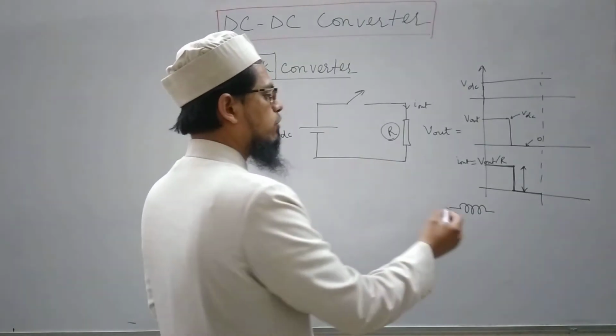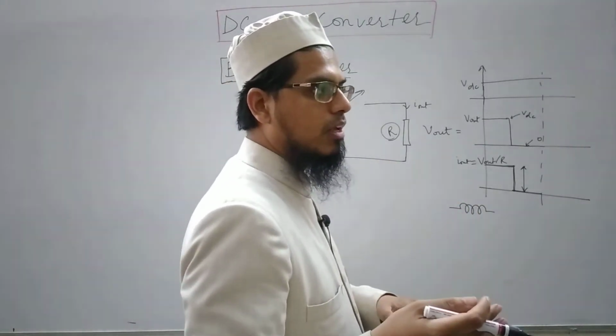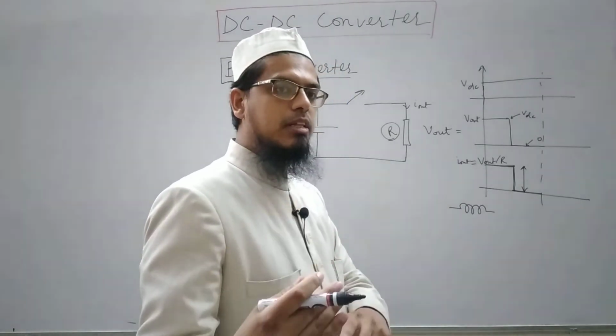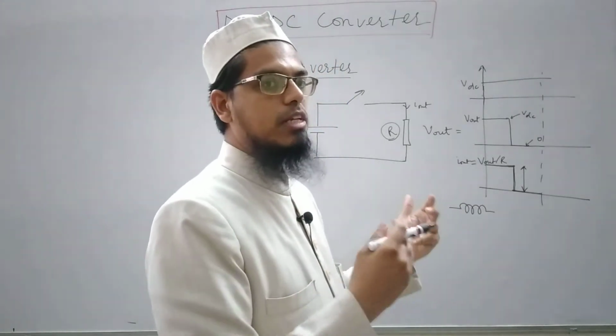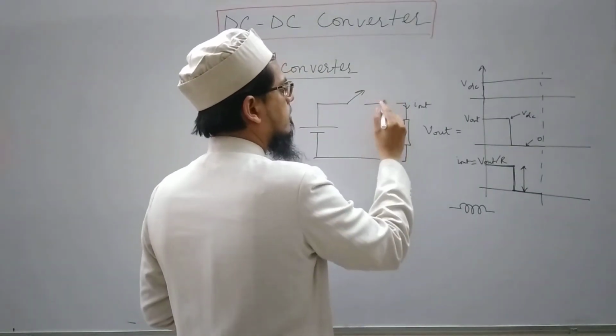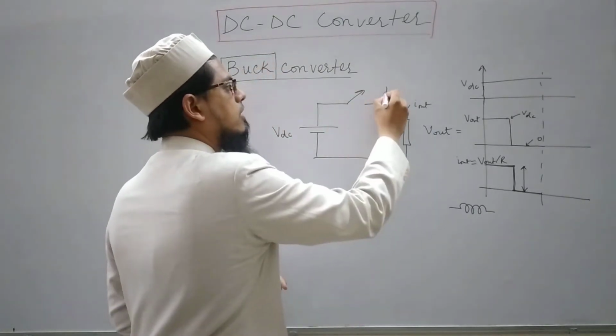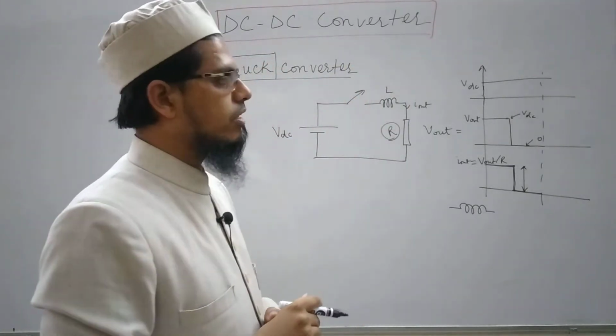I have to use this inductor in series with the current, because I have to reduce the ripple in the current. So let me place it here. This is the inductor L.